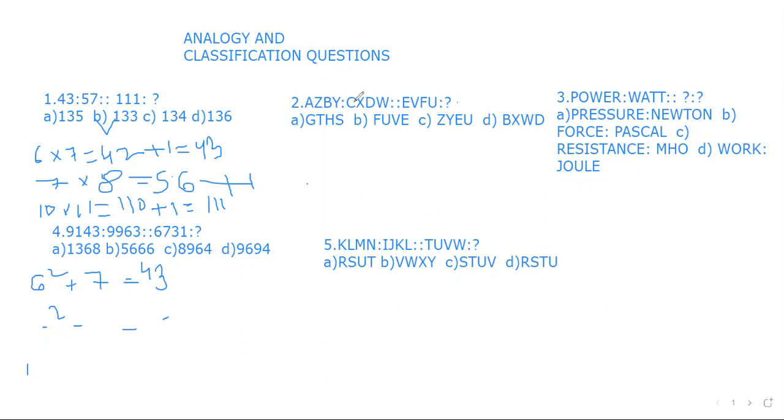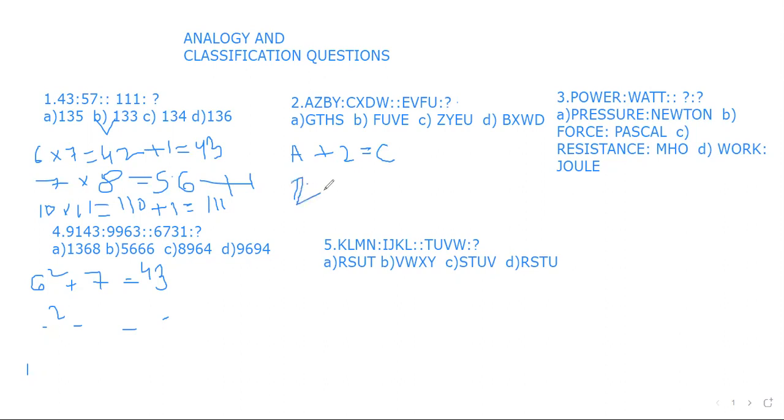Like you see A and C, Z and X, B and D, Y and W. Some law has been used here. In order to get C from A, I have to go 2 steps forward. A plus 2 is nothing but C. Now from Z to X, I have to go 2 steps backward.